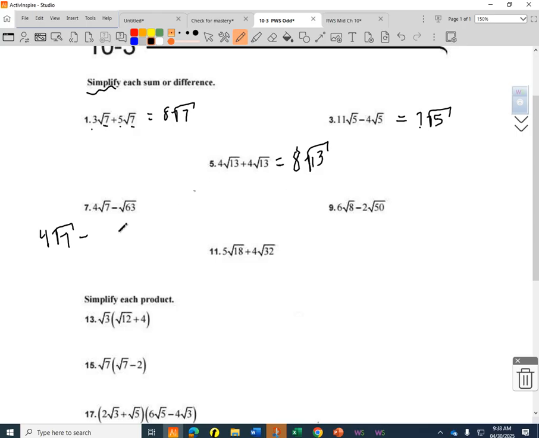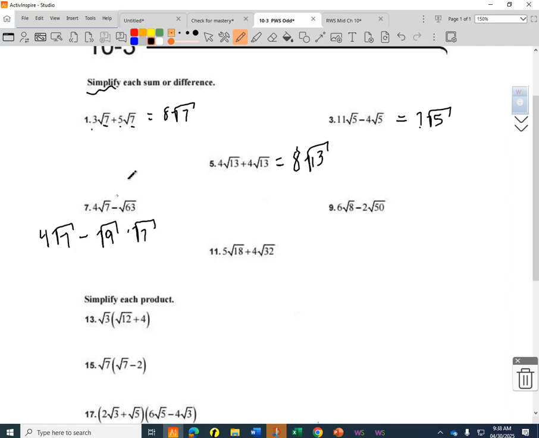Okay, we're going to write it that way. So the square root of 9 times the square root of 7. So when we're looking to find the perfect square, we're looking for the perfect square of the number under the square root, right? But then when we write it, we've got to write it out of the square root.